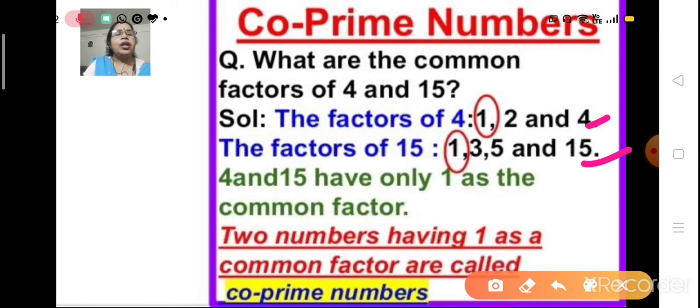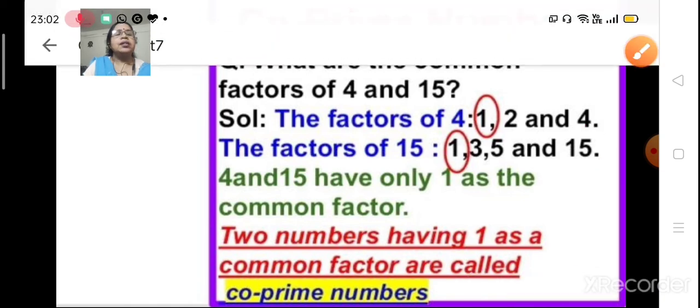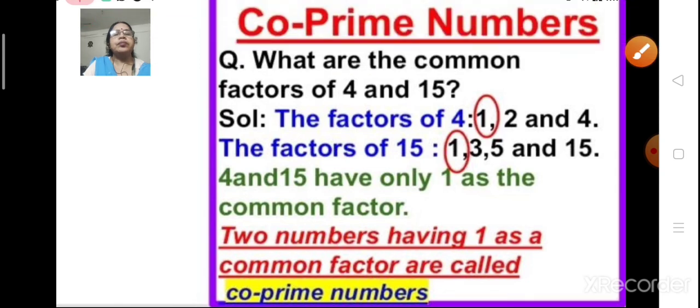Do they have any common factors? Only 1 is the common factor between these two numbers, isn't it? Only 1 is the common factor of 4 and 15. So, such numbers which have only 1 as the common factor are known as co-prime numbers. We can find many pairs of such numbers which are co-prime.